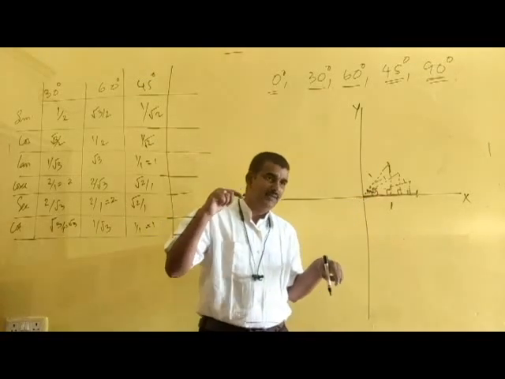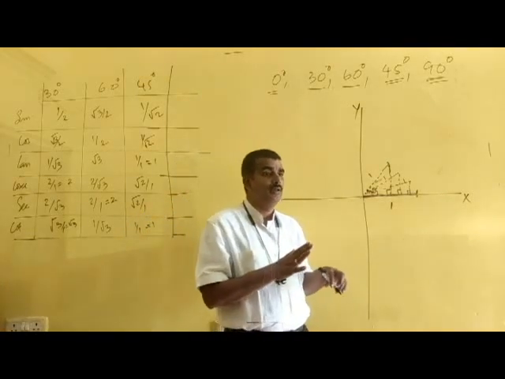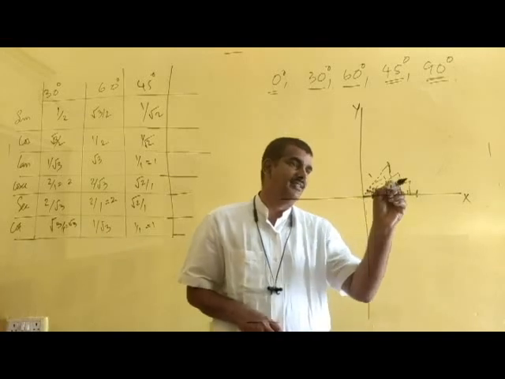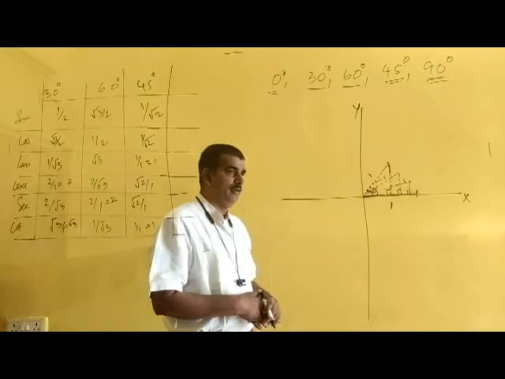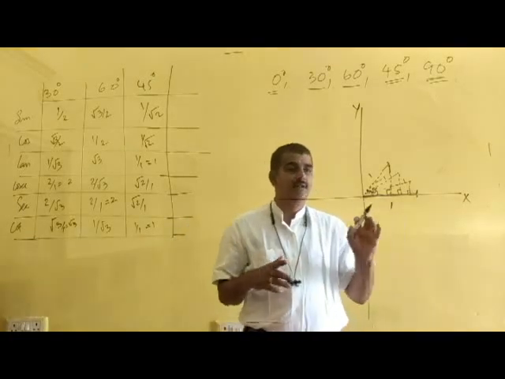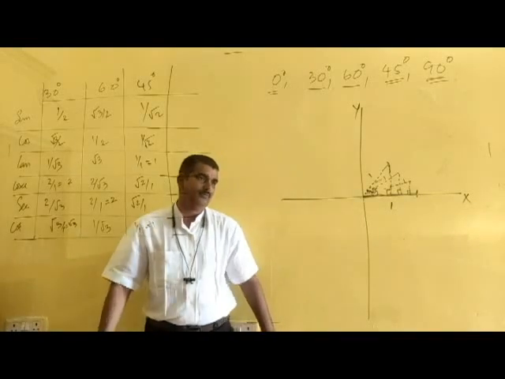The adjacent side is inversely proportional and the opposite side is directly proportional. Theta is decreasing, the opposite side is also decreasing. Theta is decreasing, the adjacent side is increasing. So one is inversely and the other directly proportional.